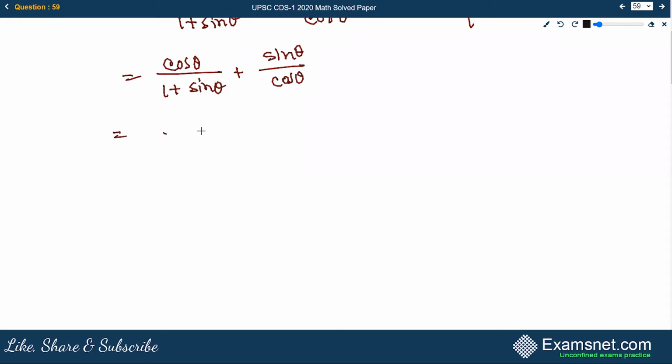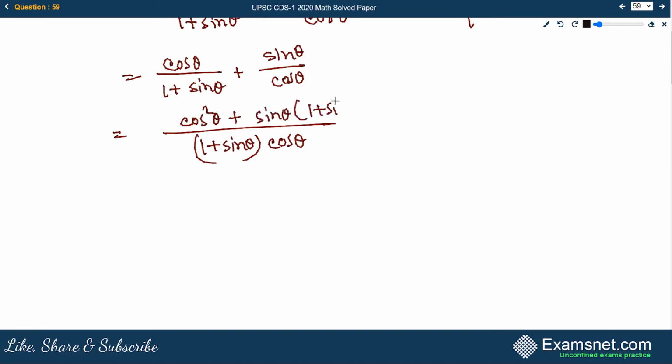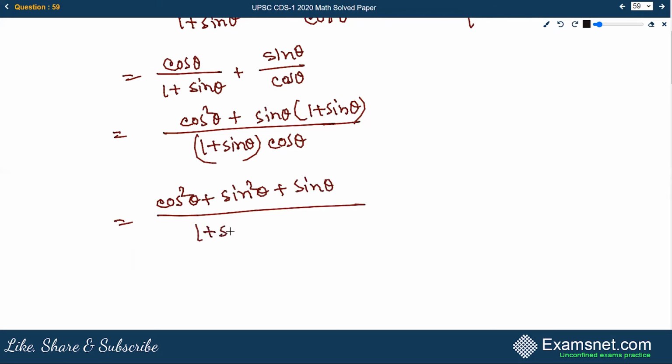Now let's do the LCM. So here 1 plus sin theta times cos theta. Now this will become cos squared theta plus sin theta multiplied by 1 plus sin theta. So here cos squared theta plus sin squared theta plus sin theta by 1 plus sin theta multiplied by cos theta.